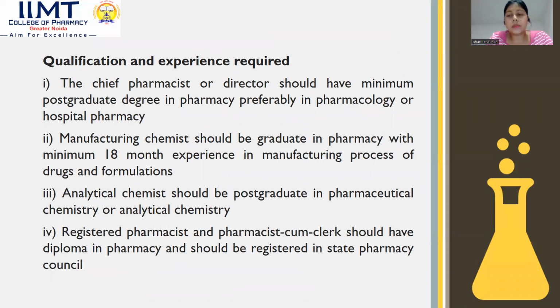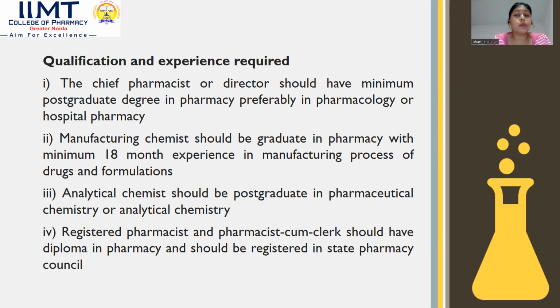Next, qualification and experience required. The chief pharmacist or director should have a minimum postgraduate degree in pharmacy, preferably in pharmacology or hospital pharmacy. Second, manufacturing chemist should be a graduate in pharmacy with minimum 18 months experience in manufacturing process of drugs and formulation.